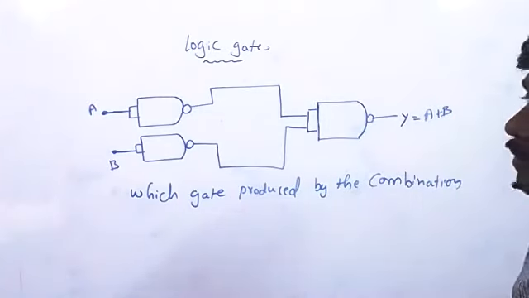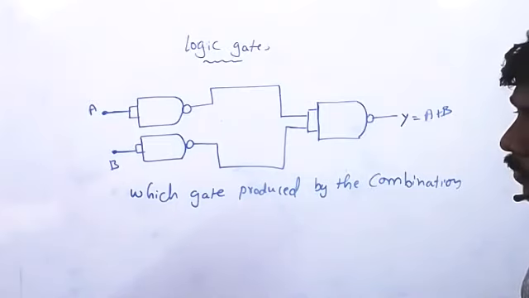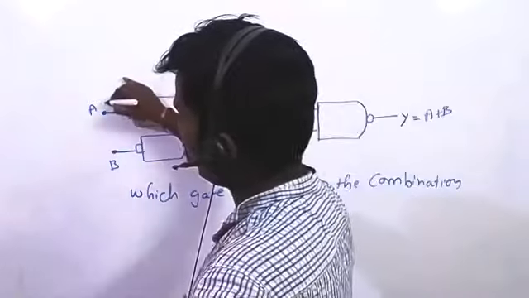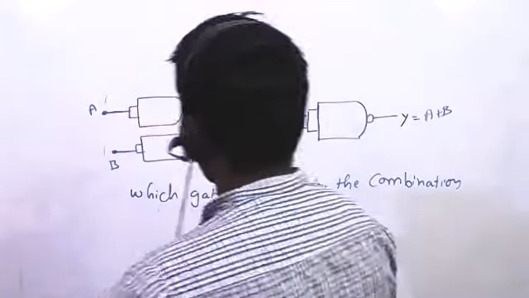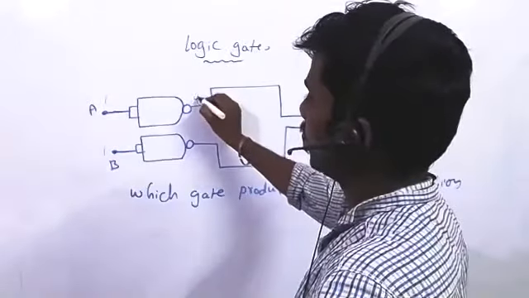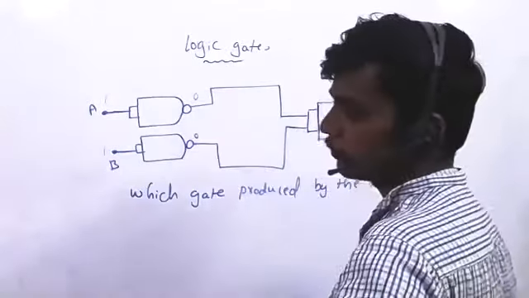A plus B. Suppose I have given 1 here and 1 here. So what will I get here? 0, 0. Right?